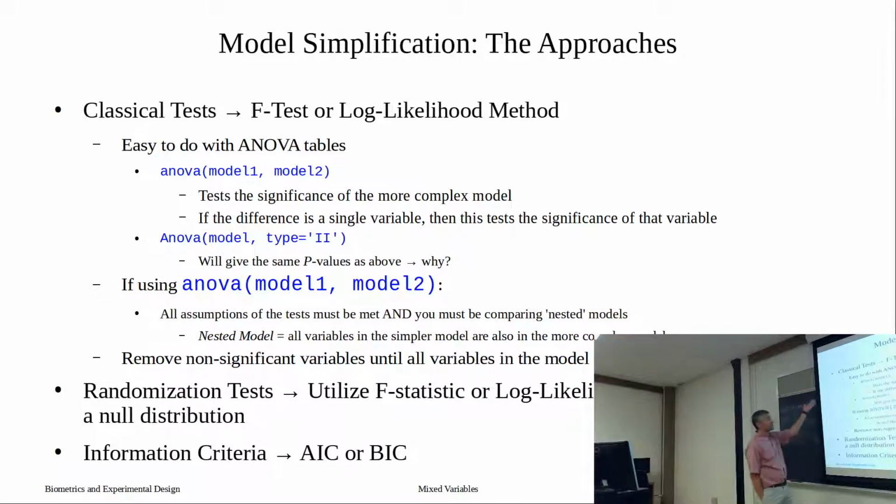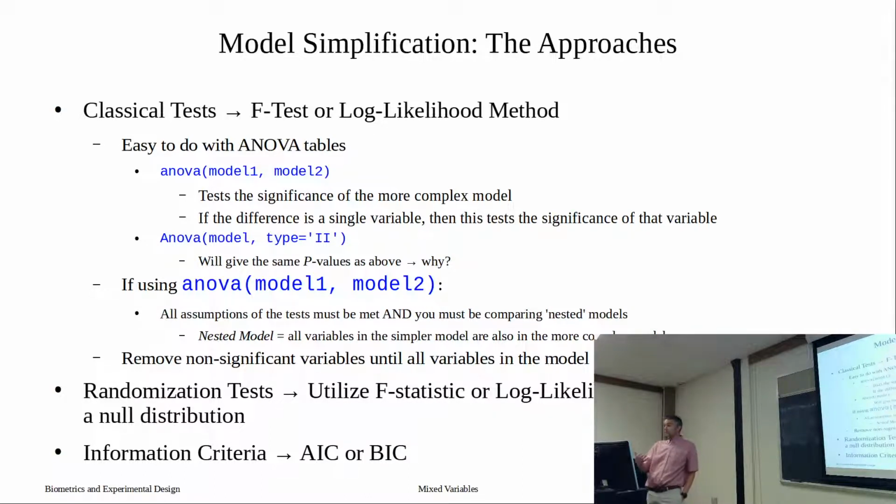So how do we do this? Well, it's pretty easy. We make our two models. We make our full model, or a complex model, and we make a simplified model. And then we issue the ANOVA command on those two models. So ANOVA of our model 1, ANOVA of our model 2, and that'll test the significance of that term that was dropped from our model.